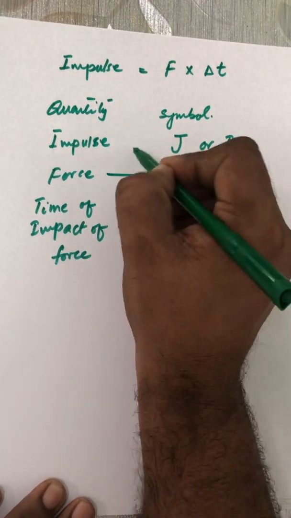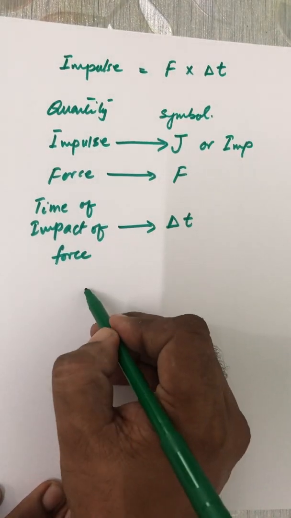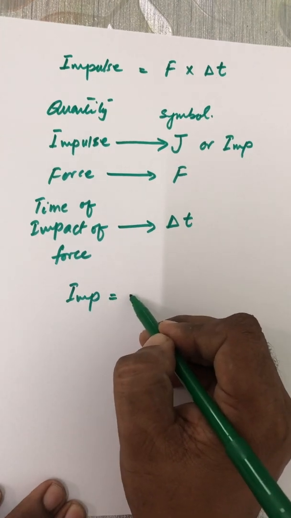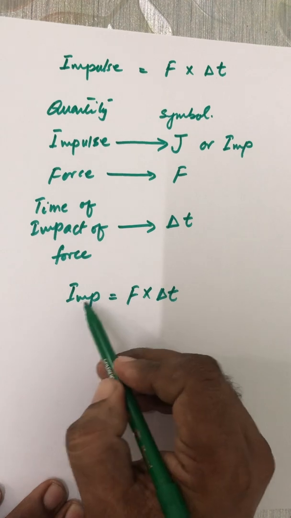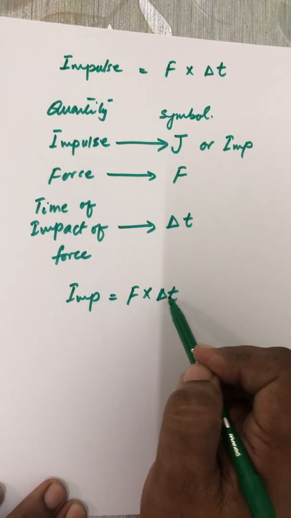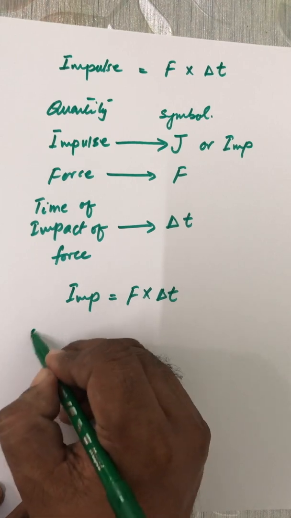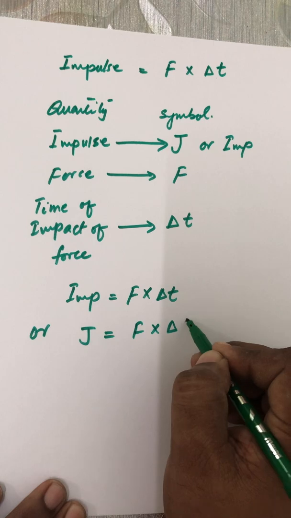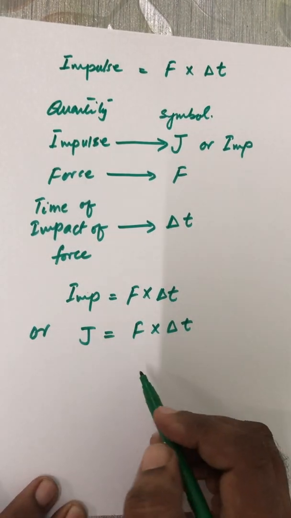This is force. So now the equation in the symbolic form will become IMP is equal to force into time. Now we are using just IMP. This is delta T and this is F. Or we can say J equals F into delta T. Whatever you like you can use, because these two symbols are for impulse.